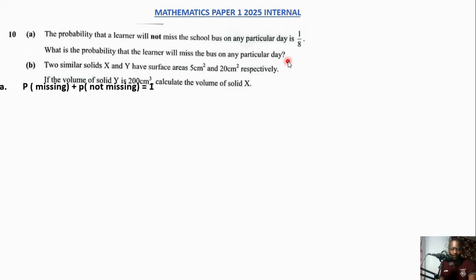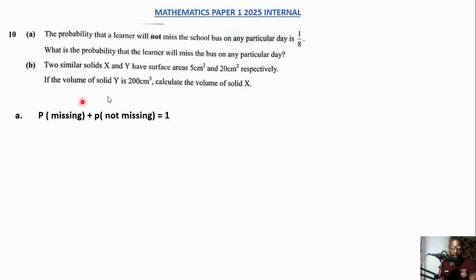Now this is what I've just said. In this case, we are talking about the probability of the learner missing a school bus on a particular day or not missing the school bus on a particular day. So the probability of missing the school bus plus the probability of not missing should be equal to 1. No wonder I've said the probability of doing something and the probability of not doing something should always be equal to 1.